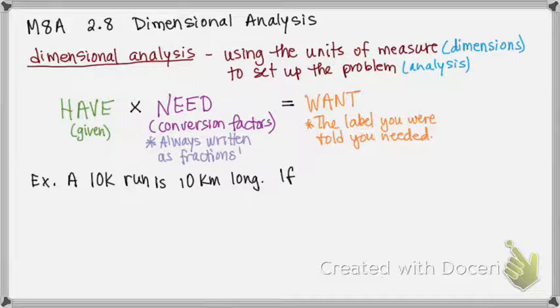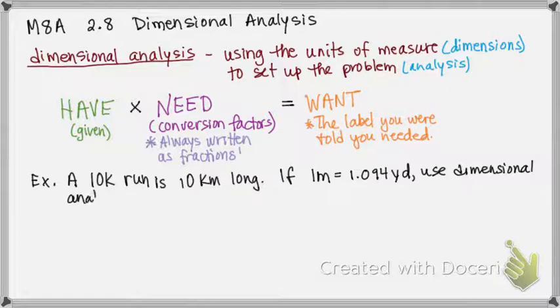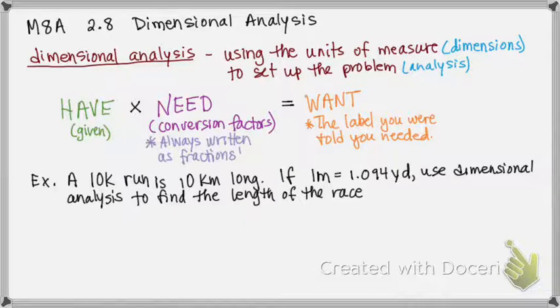If 1 meter is equal to 1.094 yards, use dimensional analysis to find the length of the race in miles.